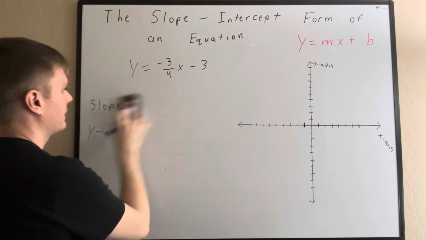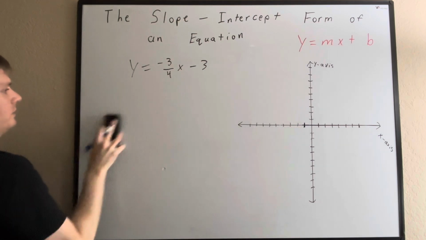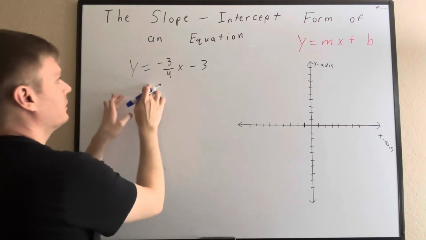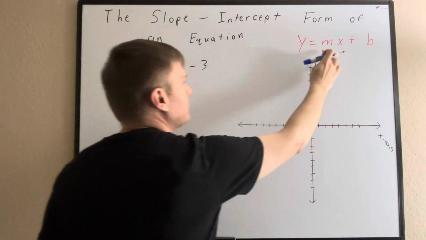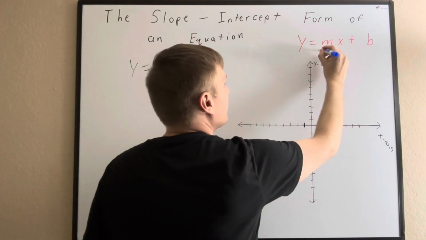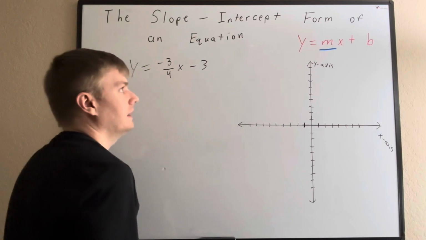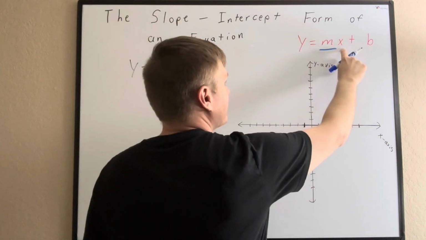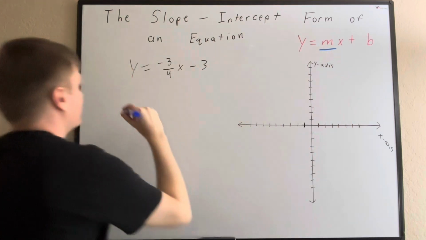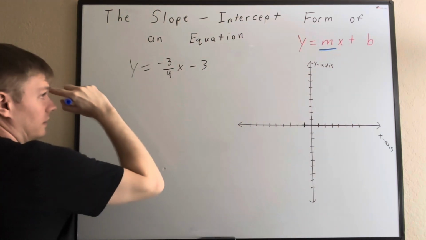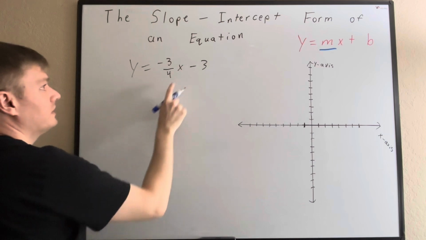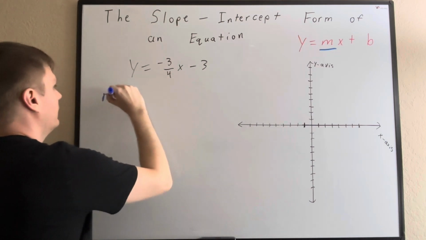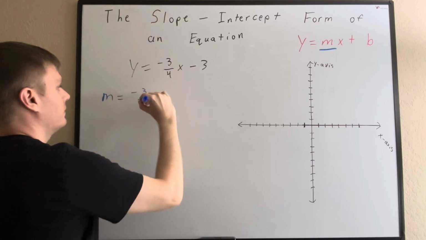Okay? So now that you understand what those are, how can we tell what those things are from this equation? Well, conveniently enough, that m part of the equation is being multiplied by x. That is our slope. So what is being multiplied by x in this equation? -3/4. So m equals -3/4. Wow, that was easy.